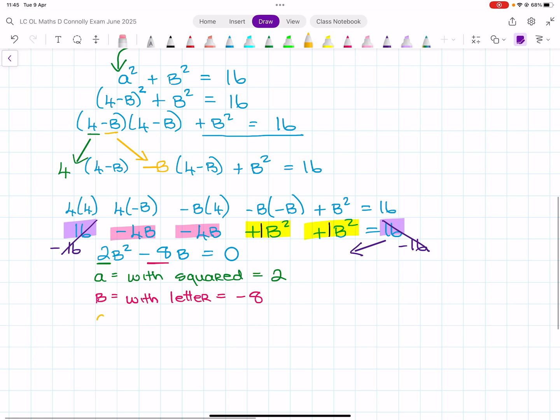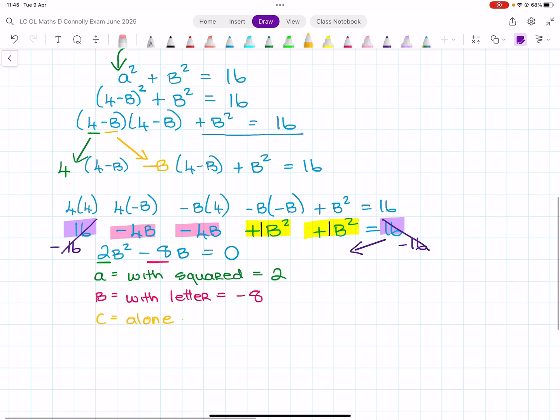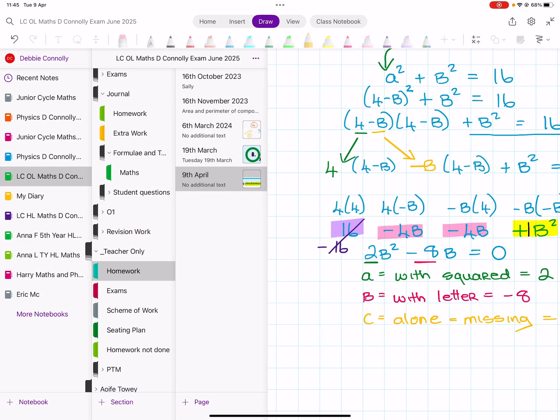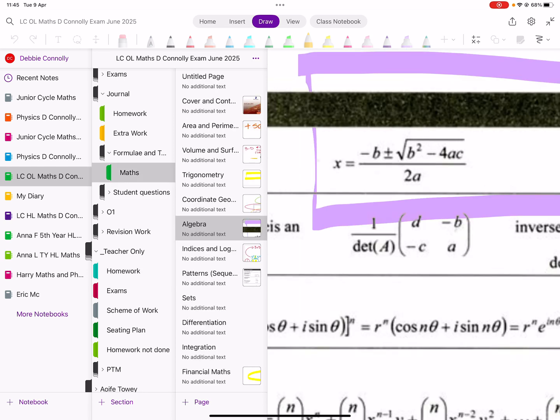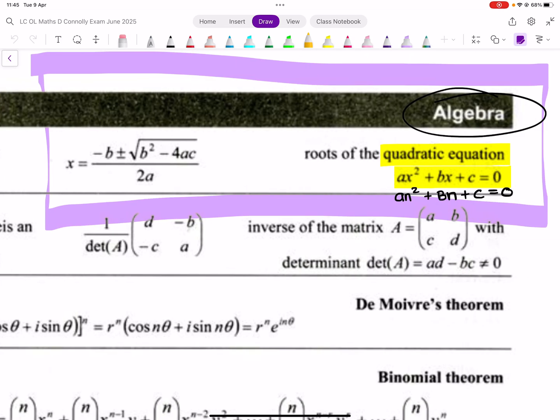And C, if it were there, would be alone, but it's actually missing. And when it's missing, we make it 0. So we go into the formula and tables book, go into maths, go into algebra. There's our formula, and we're going to write it down.